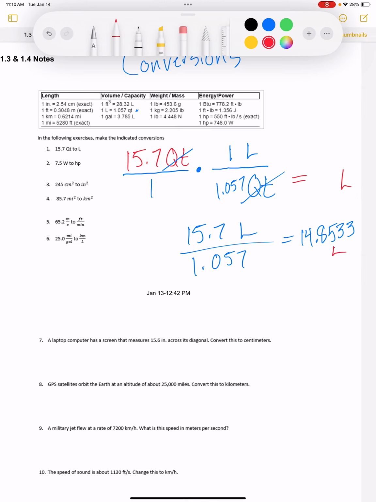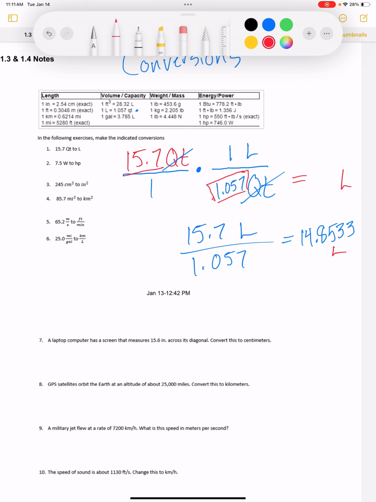And then you might be thinking, and we're talking about liters, right? And what am I rounding to? Well, 15.7, that was quarts. That's what we had to begin with. When we converted that to liters, we know there's 1.057 quarts. So this gave me 4 significant digits, right? So it's converting with accuracy. We know this was accurate, and then it's converting to this level of accuracy.